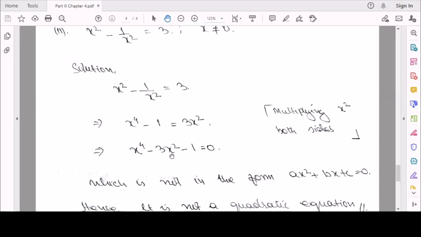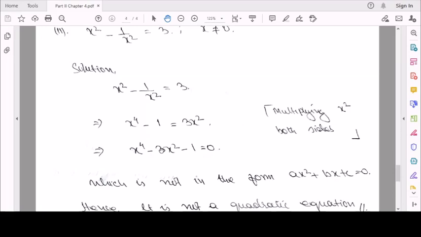Here, since the highest power is x4, you'll keep it as it is on the left hand side. You bring the next lower power of x, after x4 the next lower power is x squared.